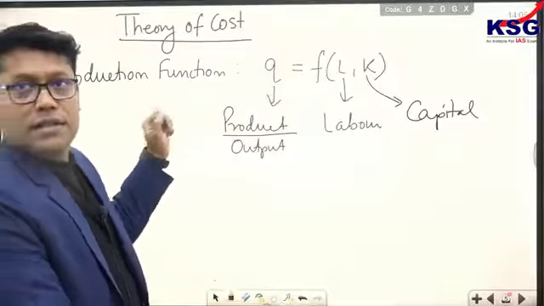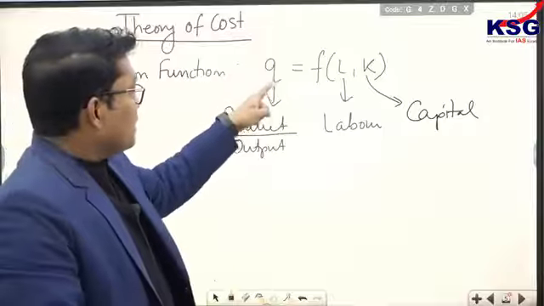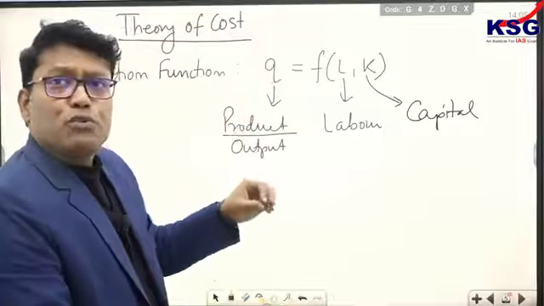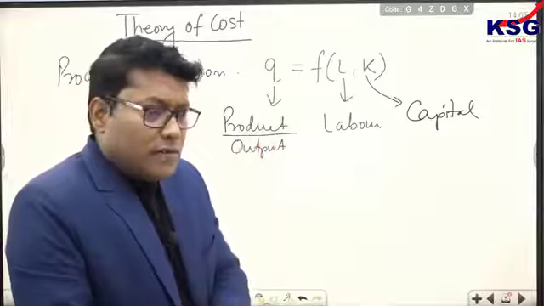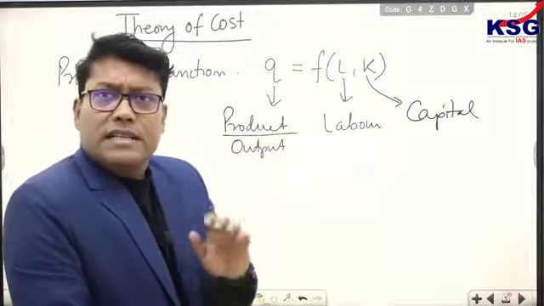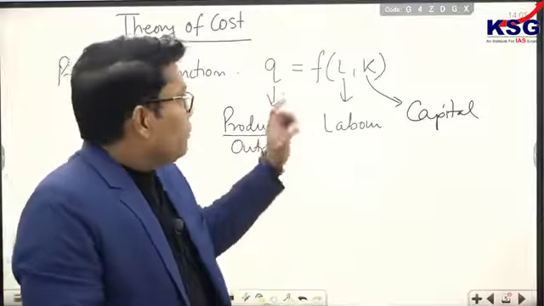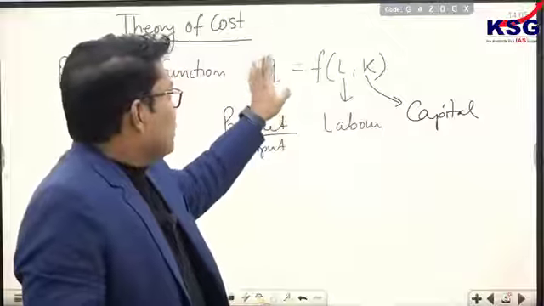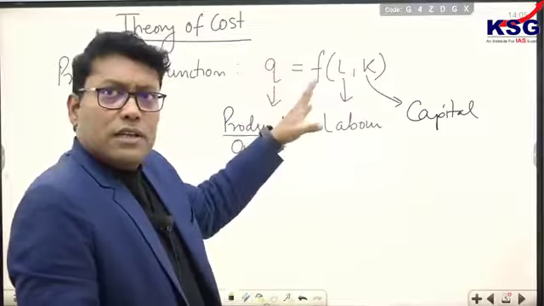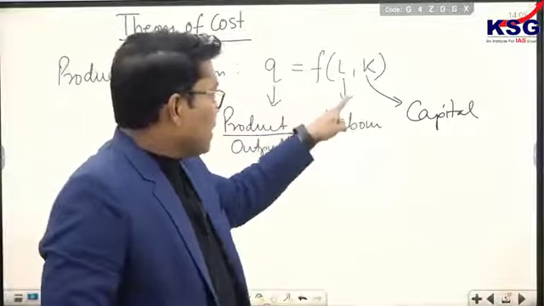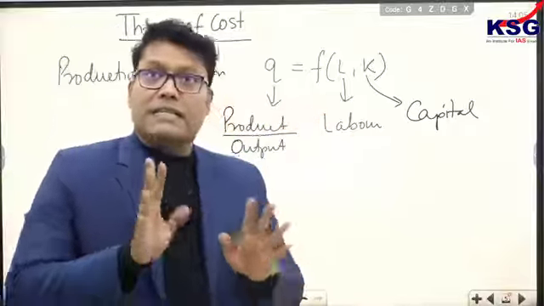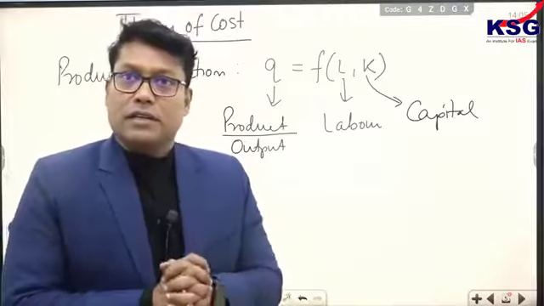Clear? So if you want to produce anything, Q amount of goods, we have to use labor and capital both at the same time. That is the meaning of this function.